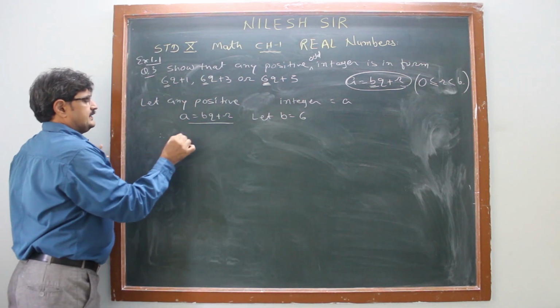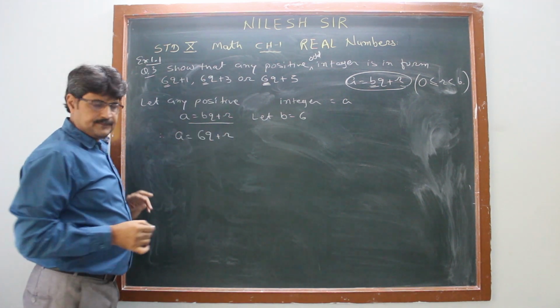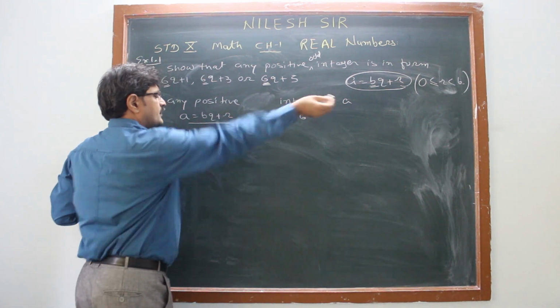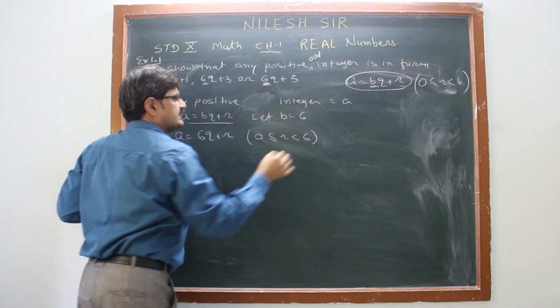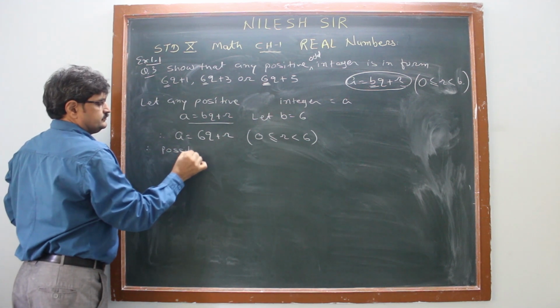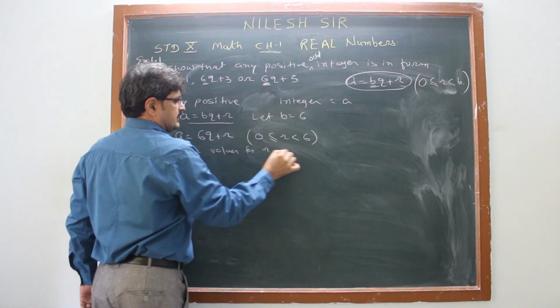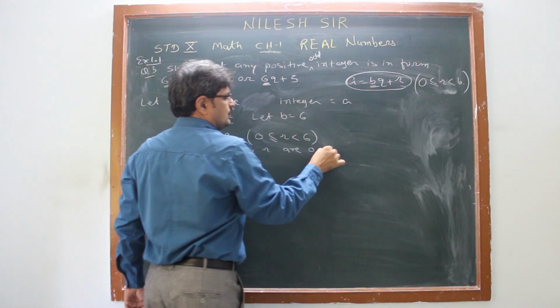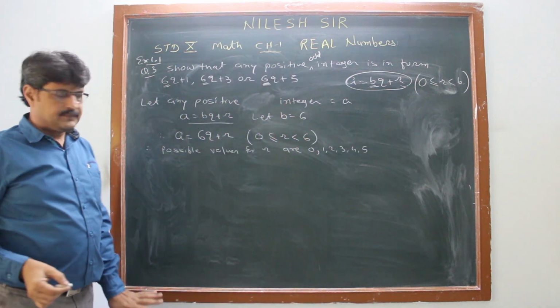So I can say that a is equal to 6q plus r, where 0 is less than or equal to r less than 6. So the possible values for r are 0, 1, 2, 3, 4 and 5.